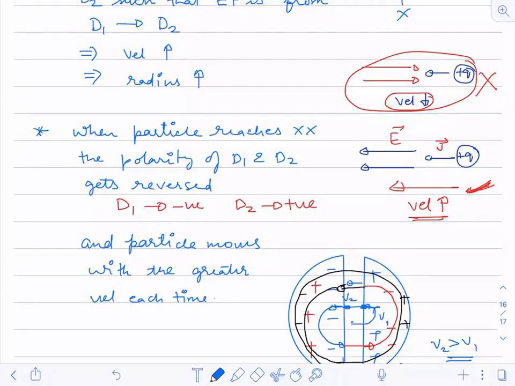The direction of the magnetic field is into the screen.